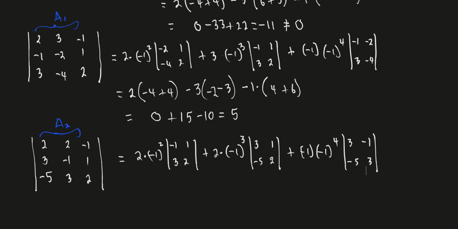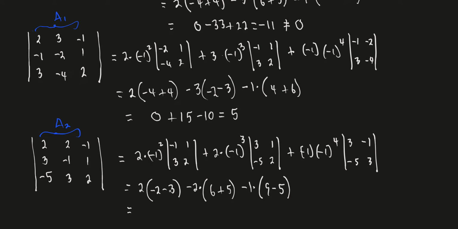All right, let's see what this comes out to be. Okay, no mistakes now. So we got 2 times -2 minus 3, and then this is a -2 times 6 minus -5, so that's plus 5, and then this is still -1 times 9 minus 5, right?